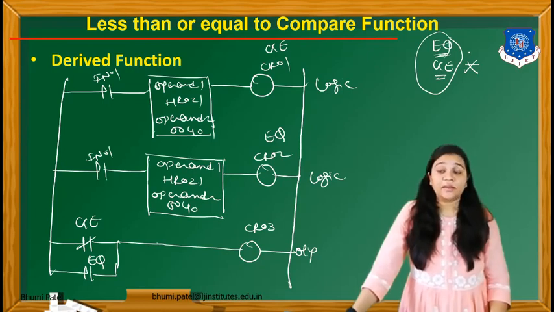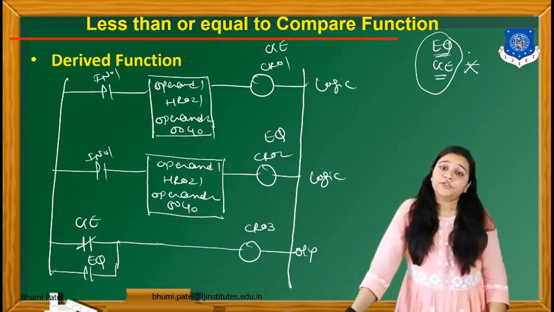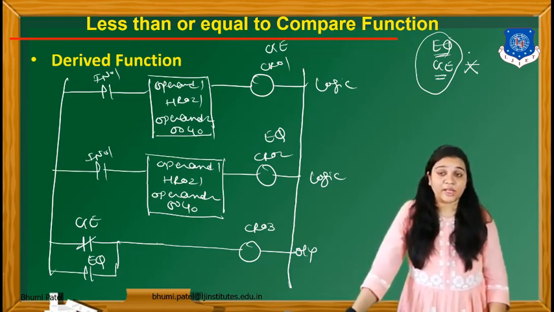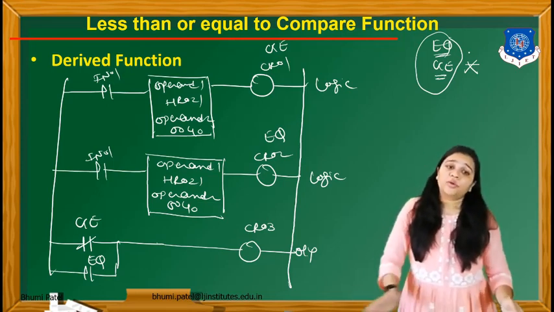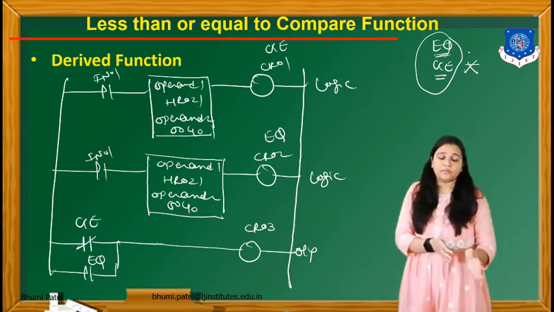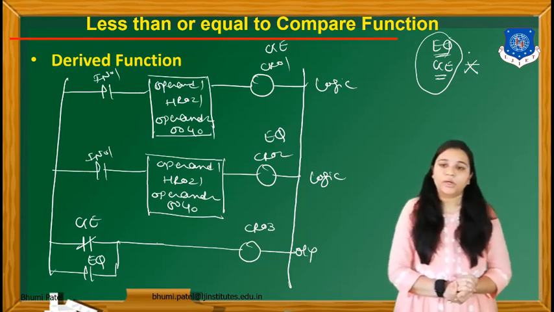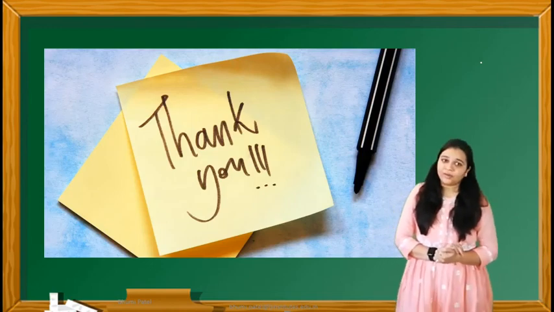In the next session, we will study the different comparison functions used in PLC programming other than equal to, greater than equal to, less than equal to, less than, greater than, and not equal to.